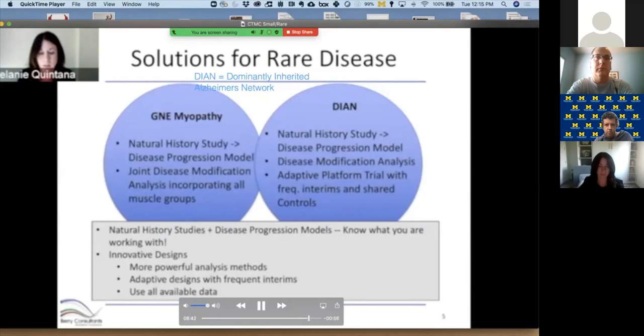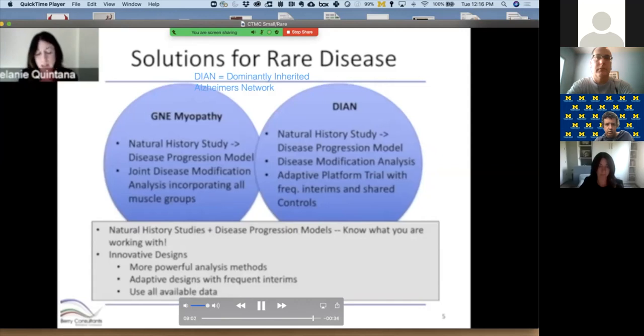In terms of GNE myopathy and DIAN, the Dominantly Inherited Alzheimer's Network, this comes about by using the longitudinal data, sort of repeated measures or the disease progression of the individuals, and using all of that information to discern if a treatment is different than the placebo group.